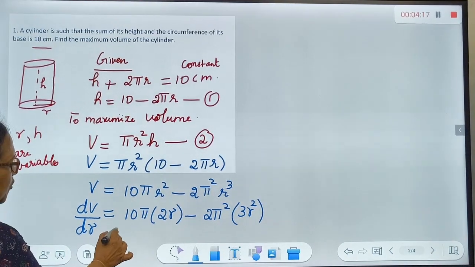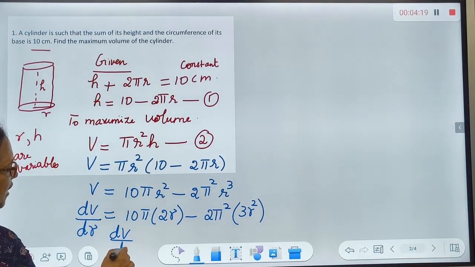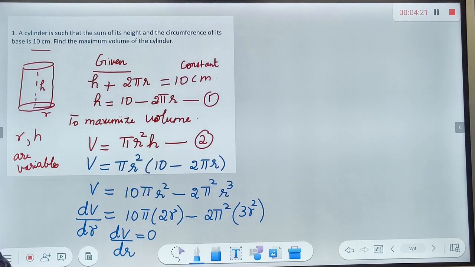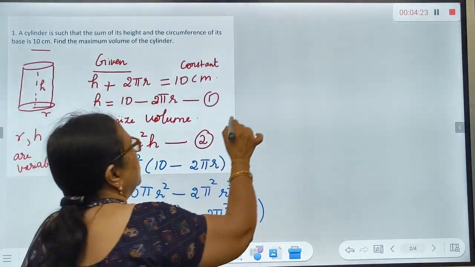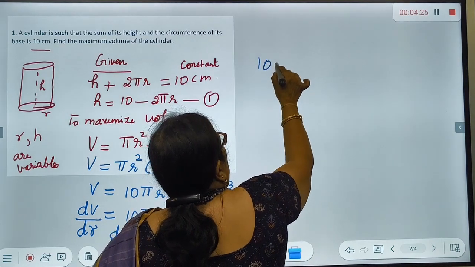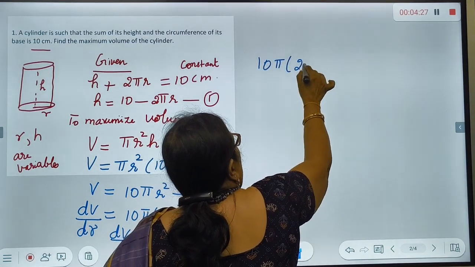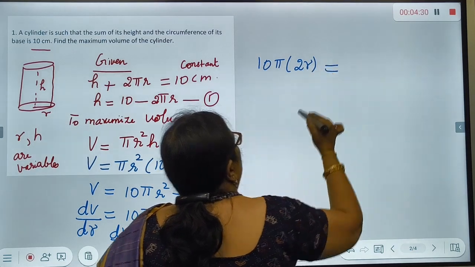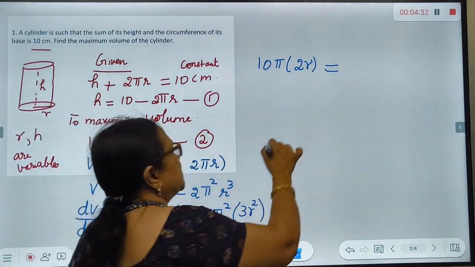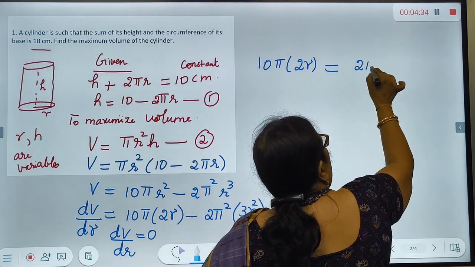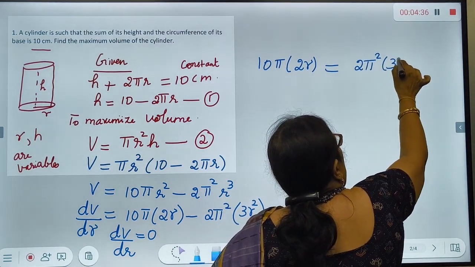To find the critical point, dV by dr is equal to 0. So, 10 pi into 2r is equal to 2 pi square into 3r square.